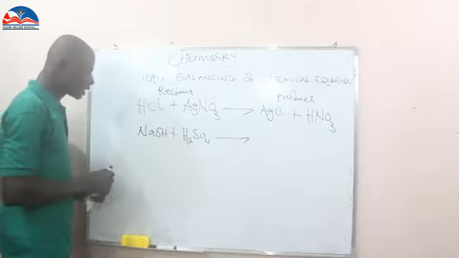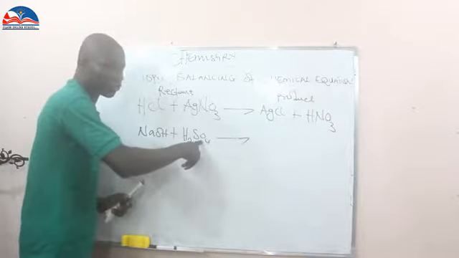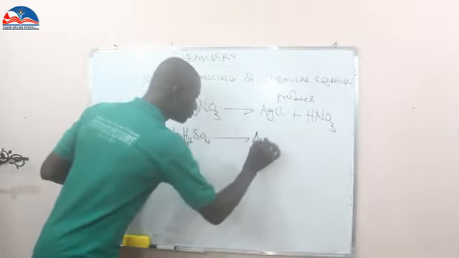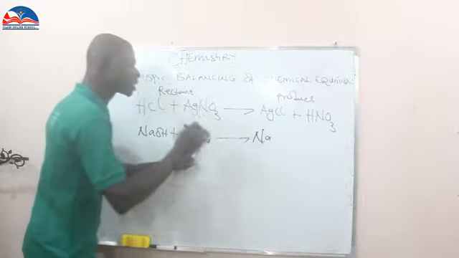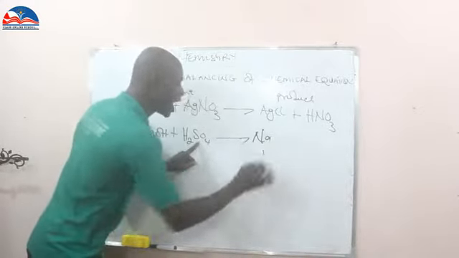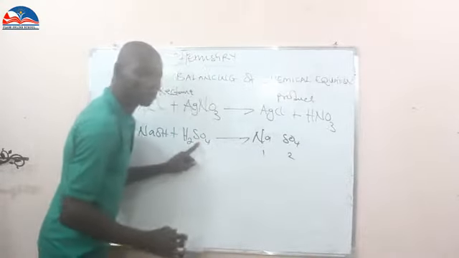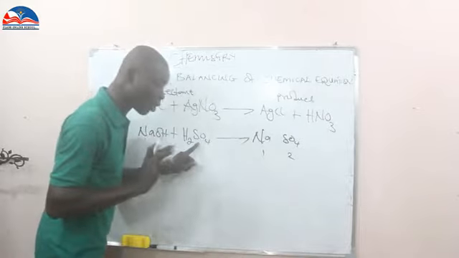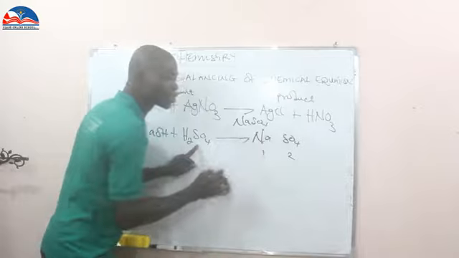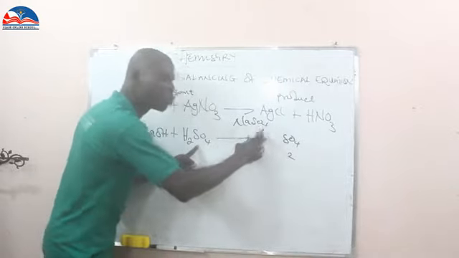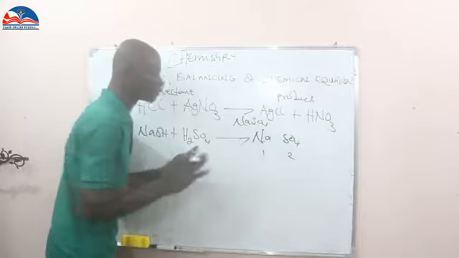Now in this case, I'm going to have a combination. Sodium will combine with the tetraoxosulfates. Since sodium has 1 and tetraoxosulfates has 2, for you to see the product that is going to occur, you cannot just write sodium tetraoxosulfate just like that. No. For you to get your product, you must write it the way that it has a chemistry meaning.